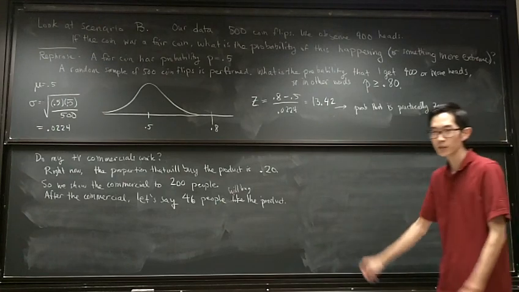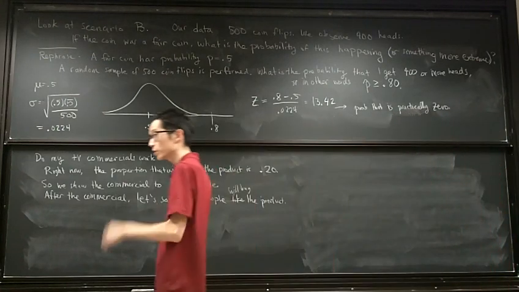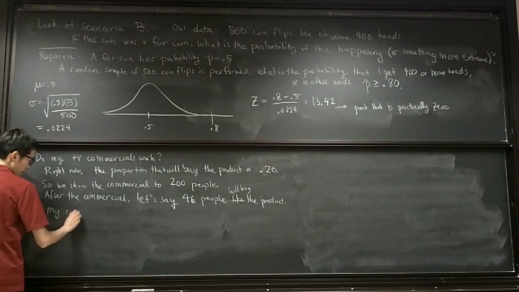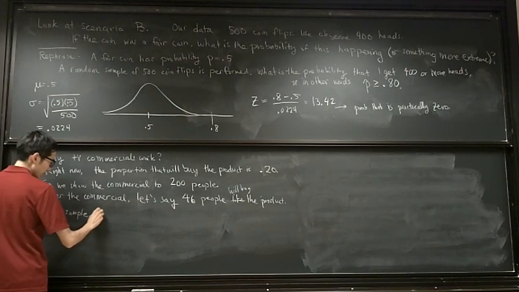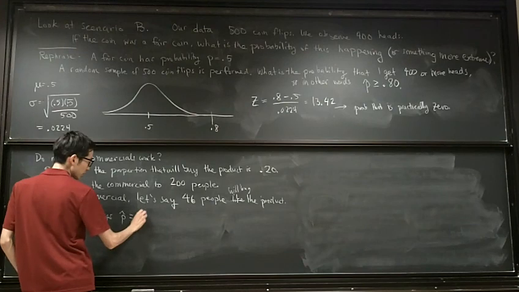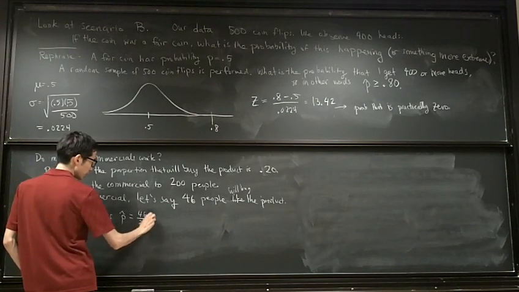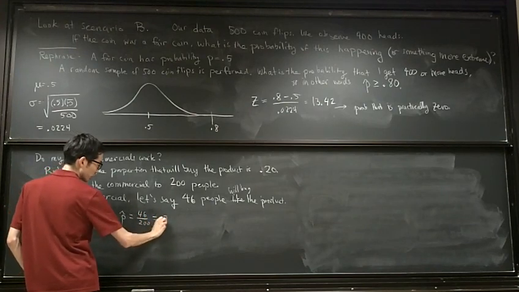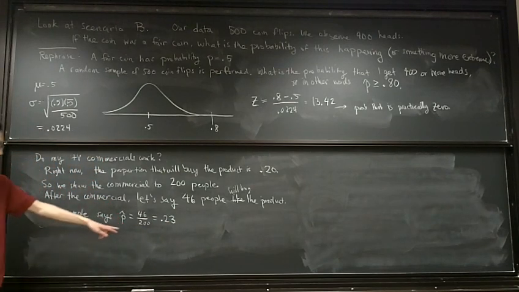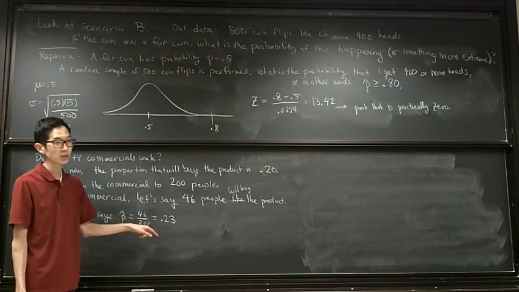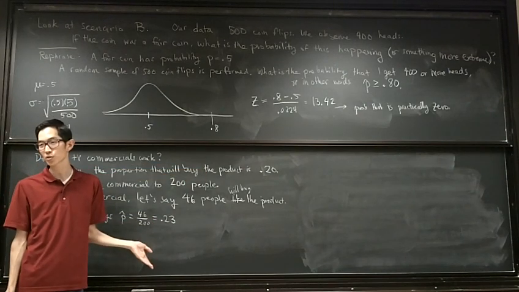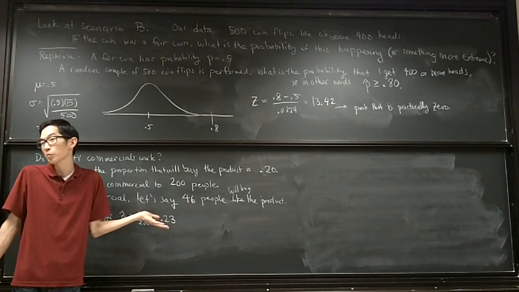So my sample shows p hat is equal to what? My sample says p hat is equal to 46 out of 200, which is equal to 0.23. Okay? So my sample proportion is 0.23, which is higher than 20%, right? So after I showed the commercial, 23% of people said they will buy the product.